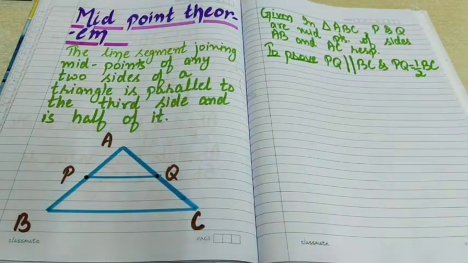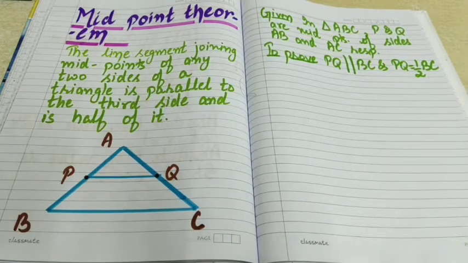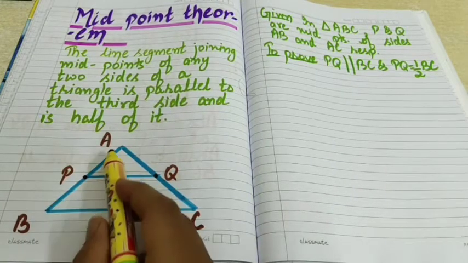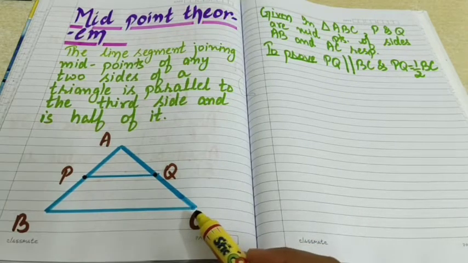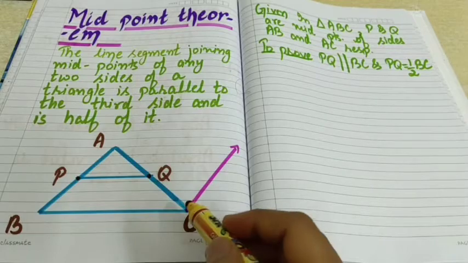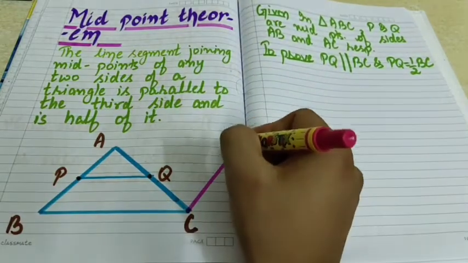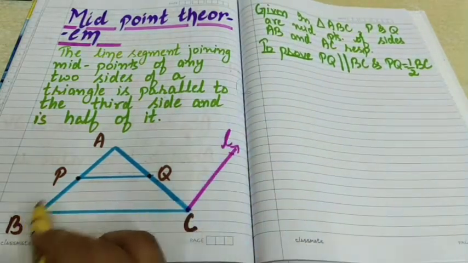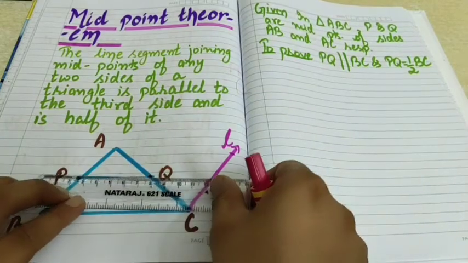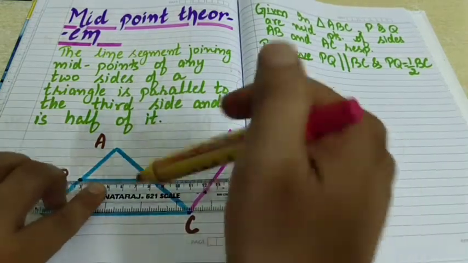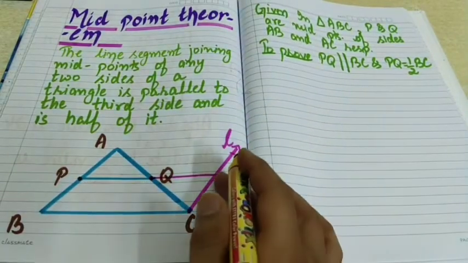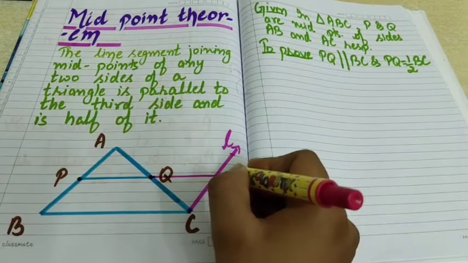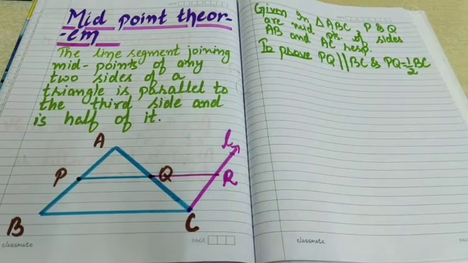Well students, for this we have to do some construction. We will draw a line parallel to AB passing through point C. So here we have drawn CL, which is parallel to BA, and we have to produce PQ to intersect CL at a point, and let this point of intersection be R, and we have to mention this thing as well.